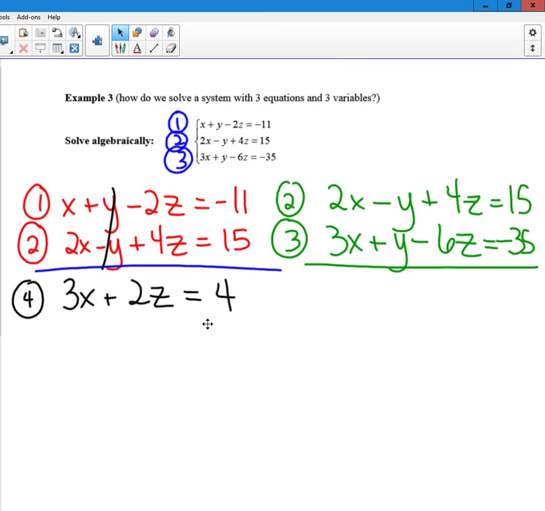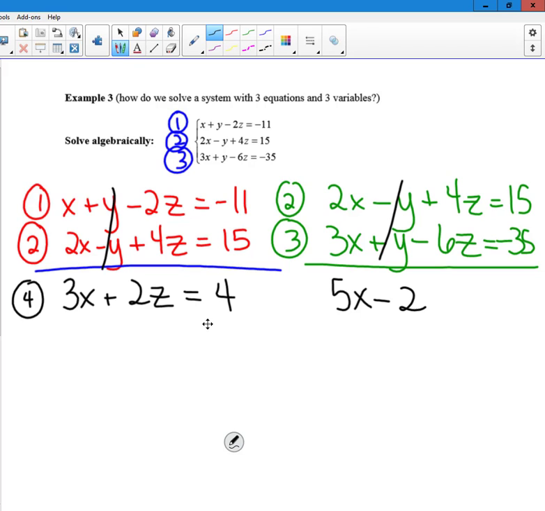The trickiest part sometimes is making sure that you are copying them down carefully, including their signs, so that you have accurate answers. Then I'll go ahead and do the same thing. I'll combine them, 2x and 3x. My y's are again eliminated, and then 4z and negative 6z, and then 15 minus 35.